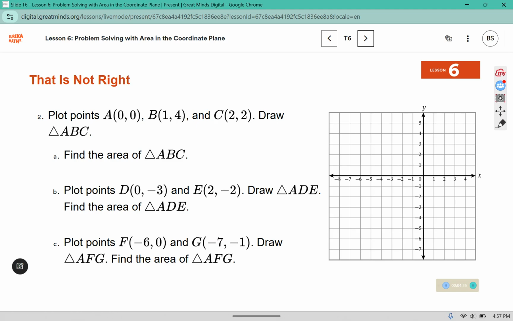Plot the points A at 0, 0, B at 1, 4, C at 2, 2, and draw triangle ABC.